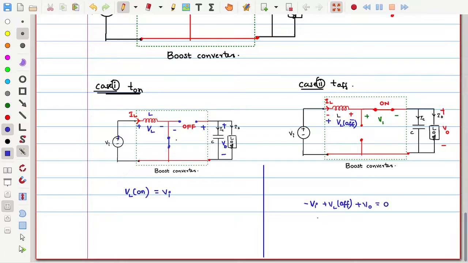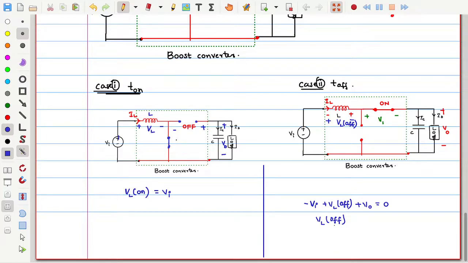Now how much is the voltage across the inductor during the off state, with respect to the blue color polarity indication which I gave over here? The actual voltage may be reverse, but whatever voltage reference I had taken for the on state, I am carrying forward. So I am using the blue color polarity, left side positive, right side negative.